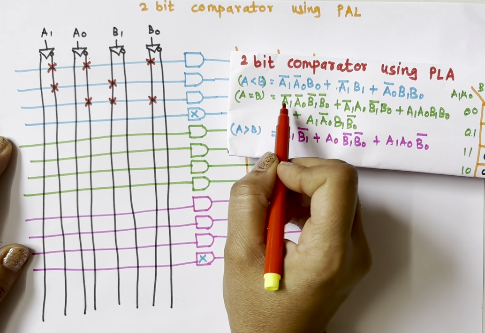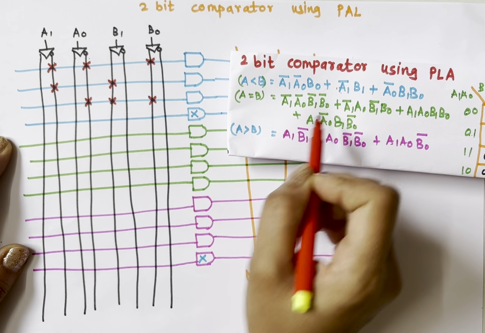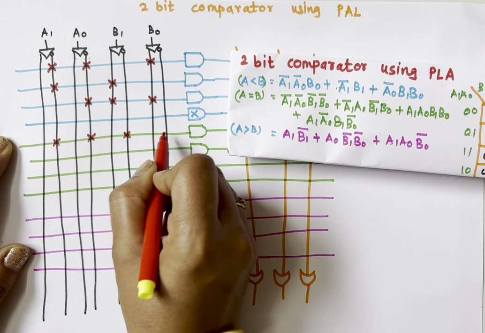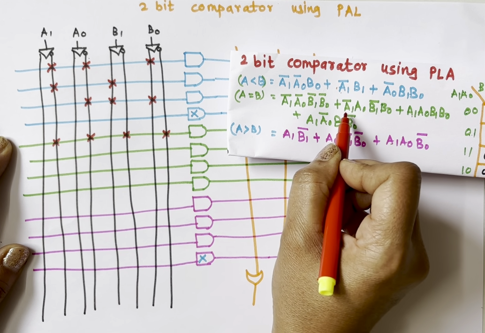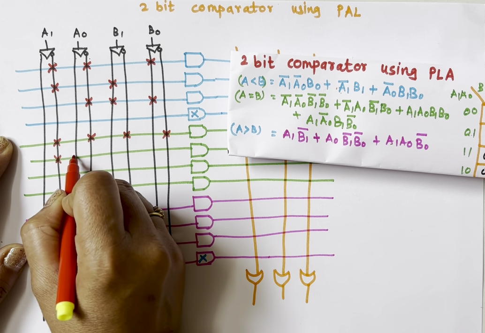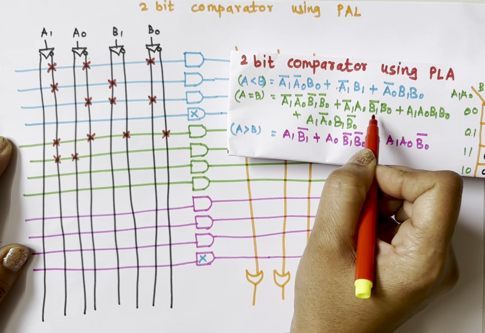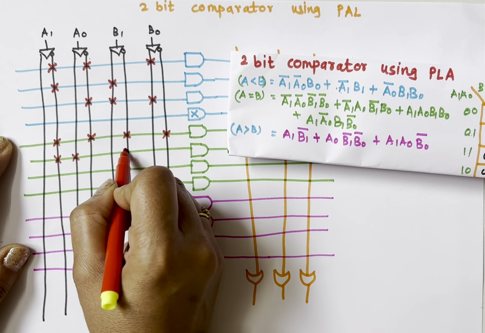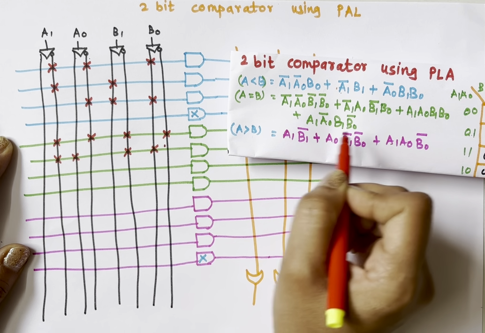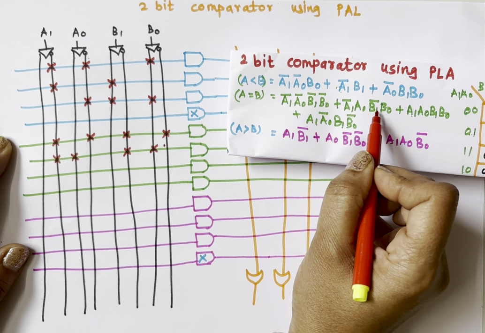Here A1 bar, A0 bar, B1 bar, B0 bar. Then A1 bar, A0, B1 bar, B0.